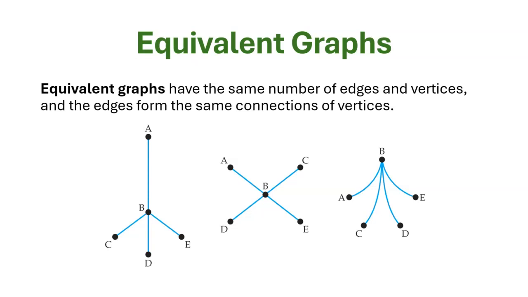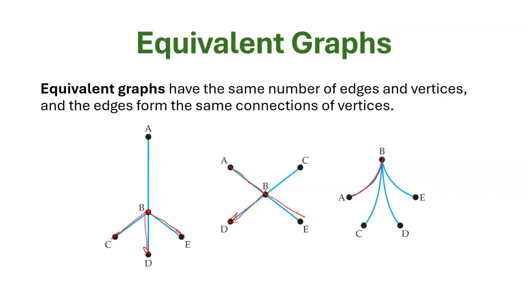But if you start analyzing the graph, you will notice that A is only connected to B, and you could see it in all three graphs. A is only connected to B. B has connections to C, D, and E. You could see it in all three.